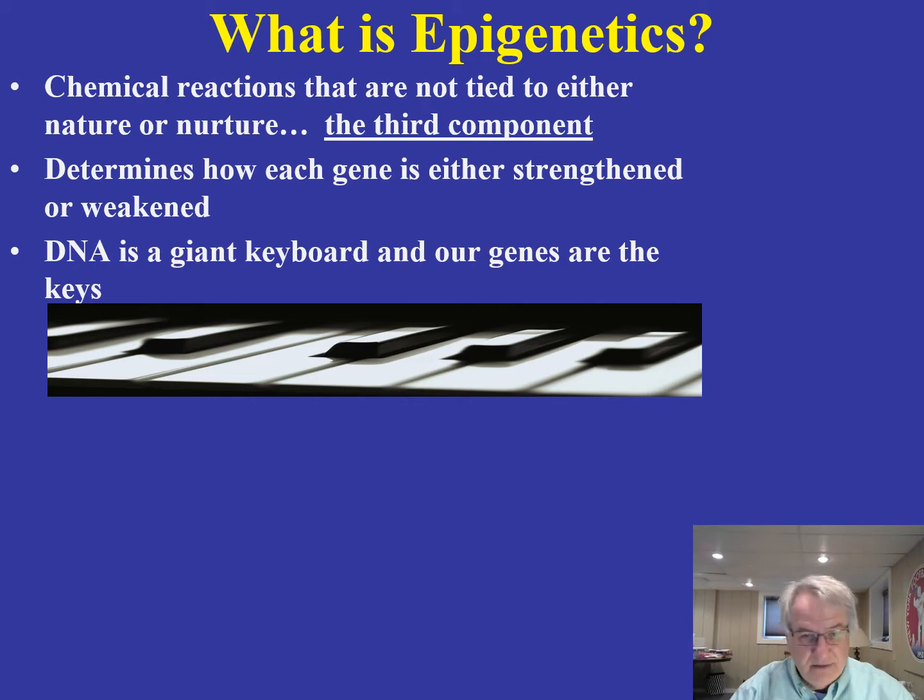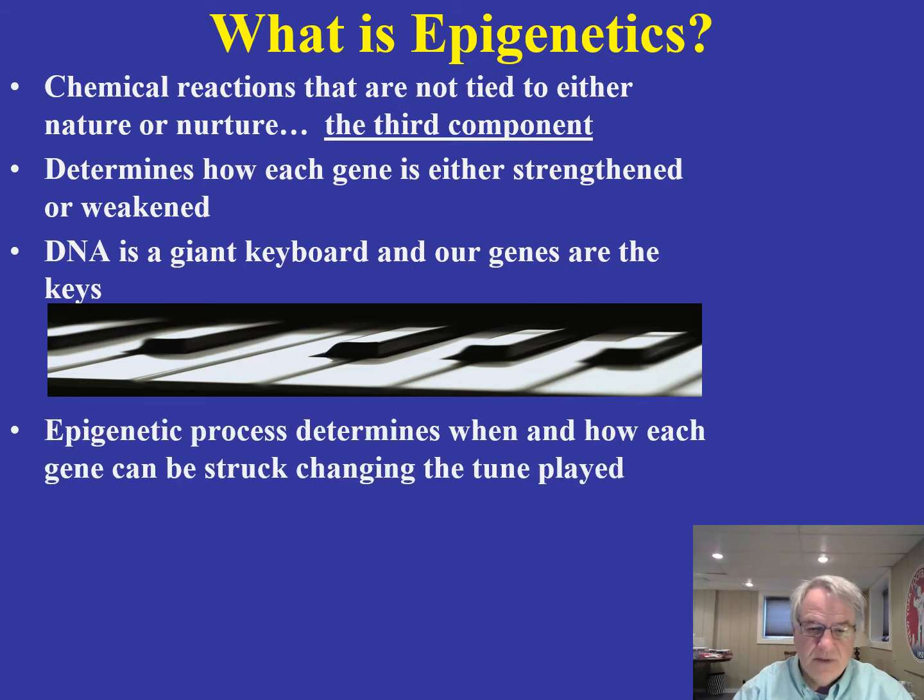That indeed is going to determine the degree to which that particular gene is going to be exerting an influence. So the epigenetic process really determines when and how each one of those genes is struck, and it can change the tune that's being played.